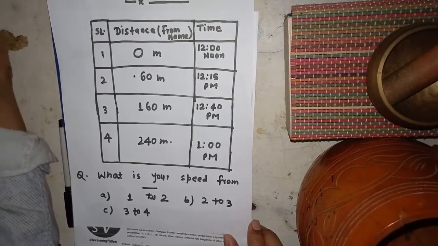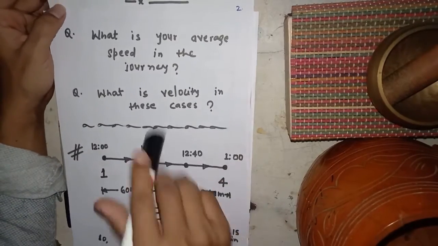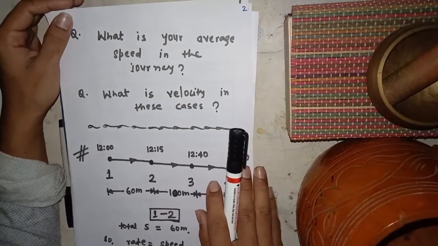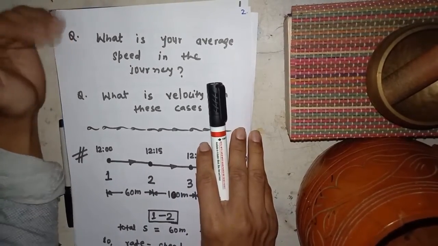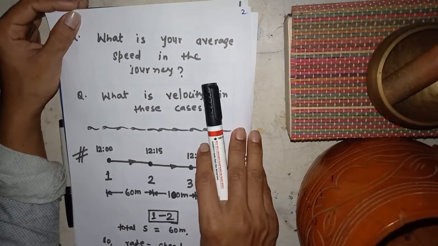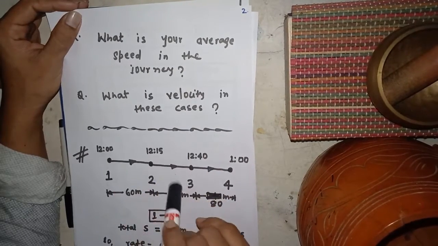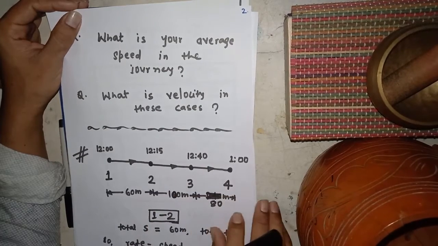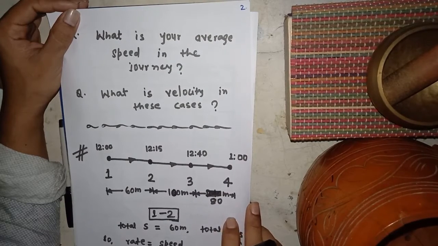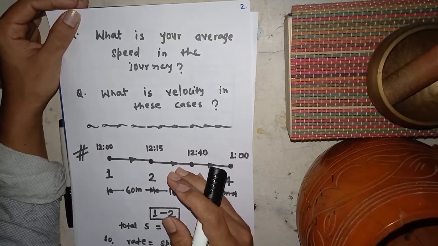And the next question I can give you from the same data is, what is the average speed in the whole journey? And the next question, what is the velocity in this case? So how can you find it? It is simple.